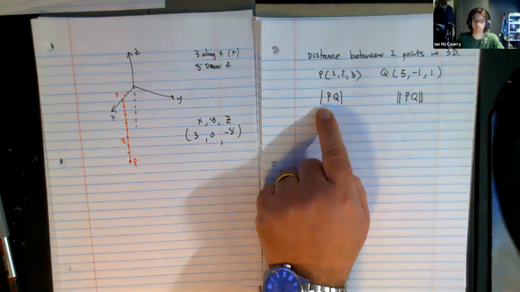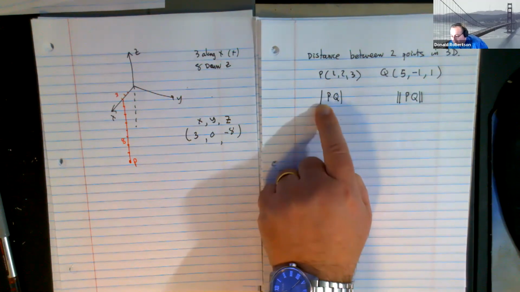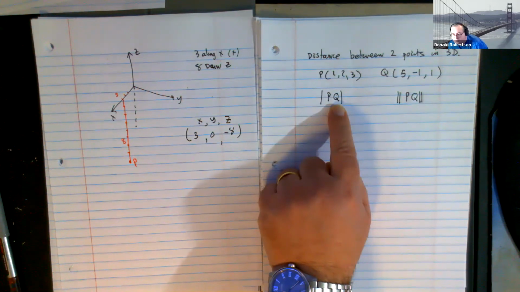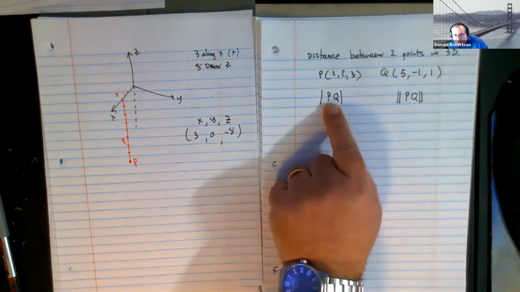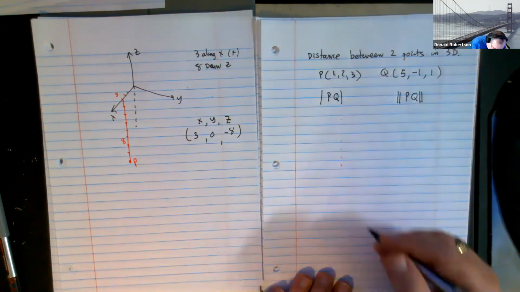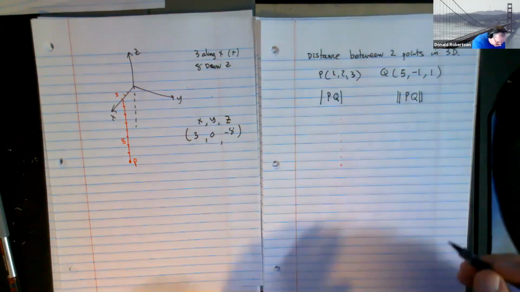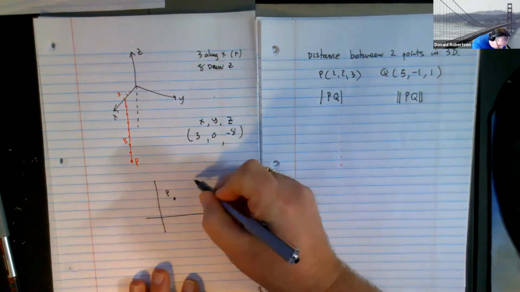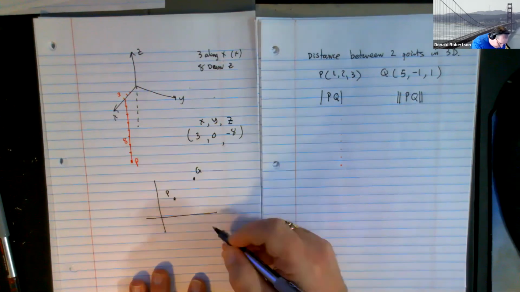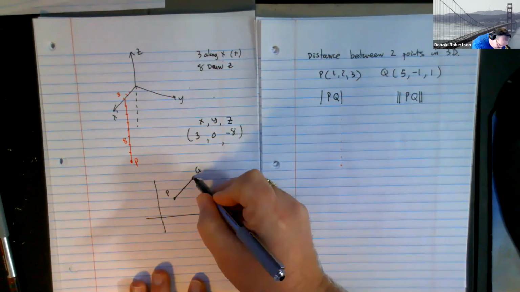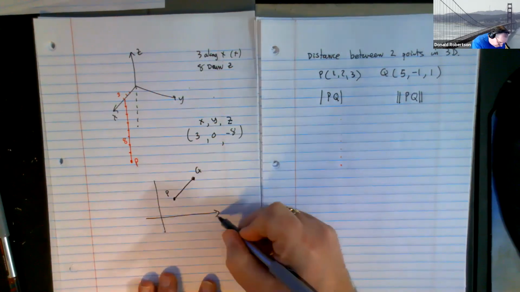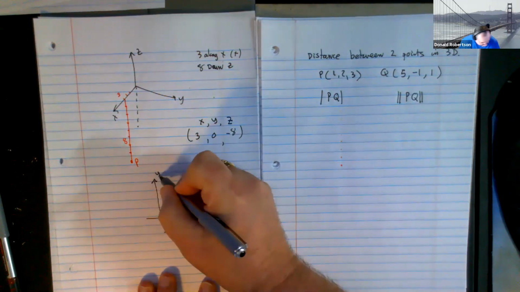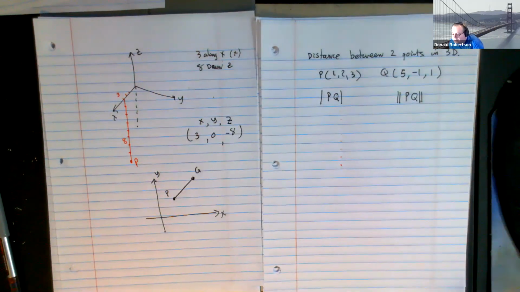So this is the distance between 2 points, in this case 3D space, but you could do it in 2D as well. I'm going to use this one because this is what the textbook seems to be using. Side issue. Suppose I had a point P and another point Q, and I wanted to find the distance between those 2 points in 2D space, isn't there a formula called the distance formula that allows us to do that?